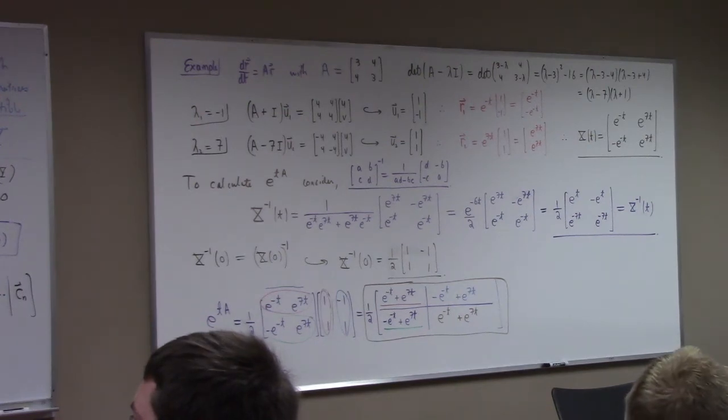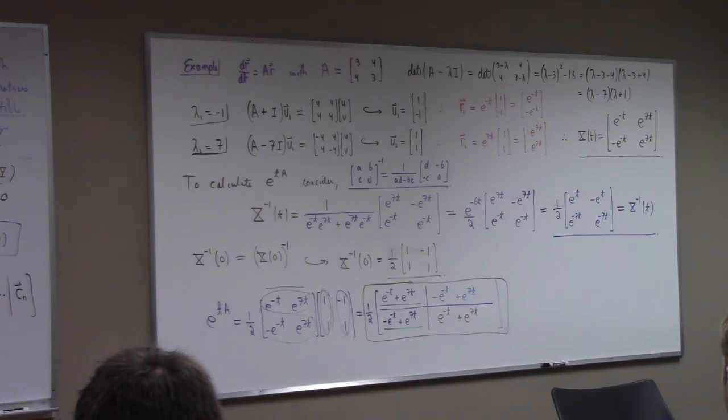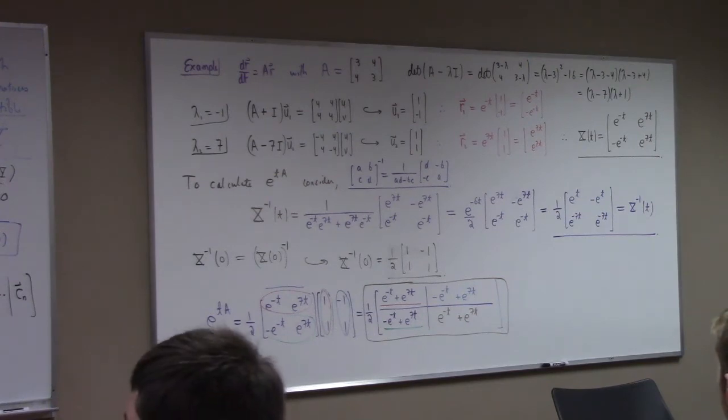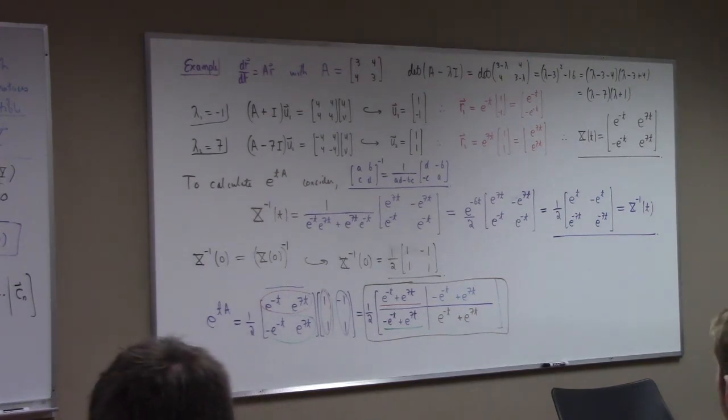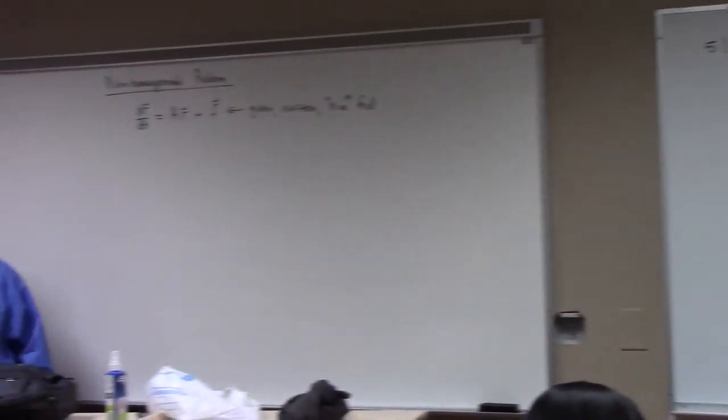But here's the non-homogeneous problem. So we're trying to solve dr dt equals A r plus f. So this is a given, non-zero, pretty nice function. And I'll say nice just to be a little bit vague, but we're probably assuming it's at least piecewise continuous.